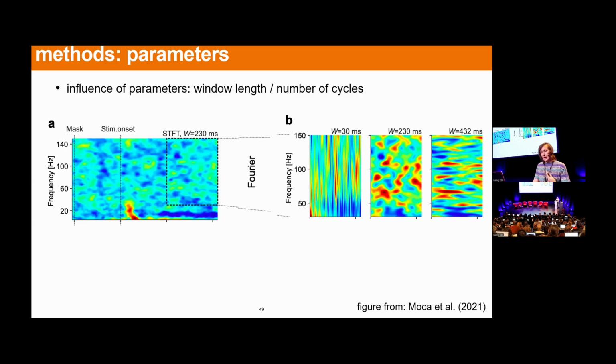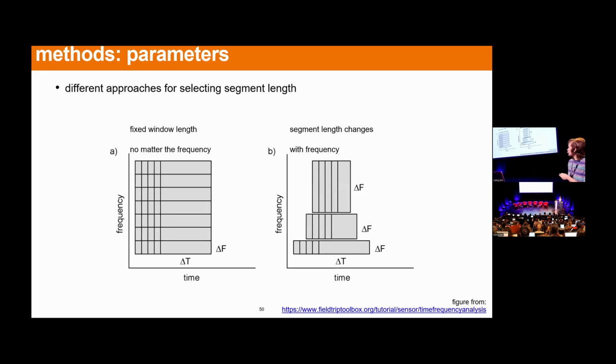So there are parameters that influence how your time frequency representation looks like. It really depends on what you want to achieve with this. So it depends on your research question, what would be the best way to do it. So you can use a fixed window length for each frequency, or you can also adapt the information you want to account per frequency.